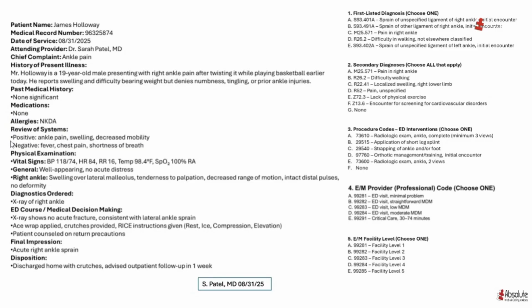Review of systems. Positive for ankle pain, swelling, decreased mobility. Negative for fever, chest pain, shortness of breath. Physical examination. Vital signs: BP 118/74, heart rate 84, RR 16, temp 89.4 degrees Fahrenheit, SpO2 pulse ox 100%.